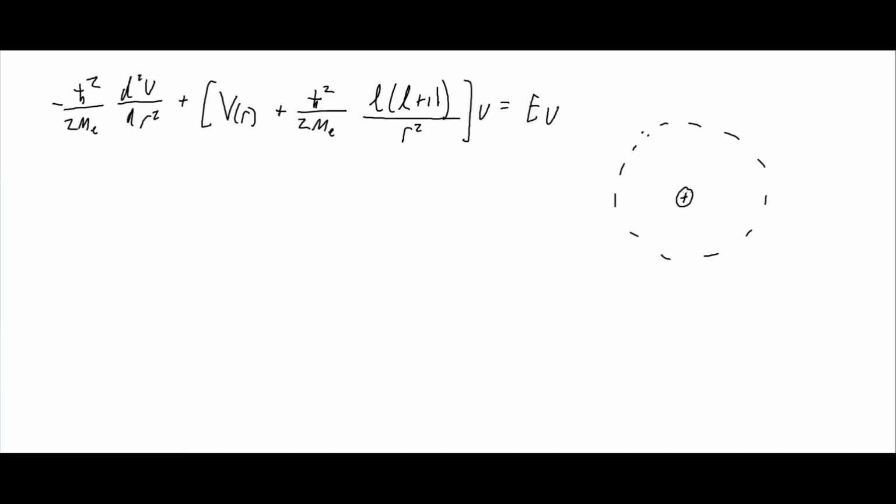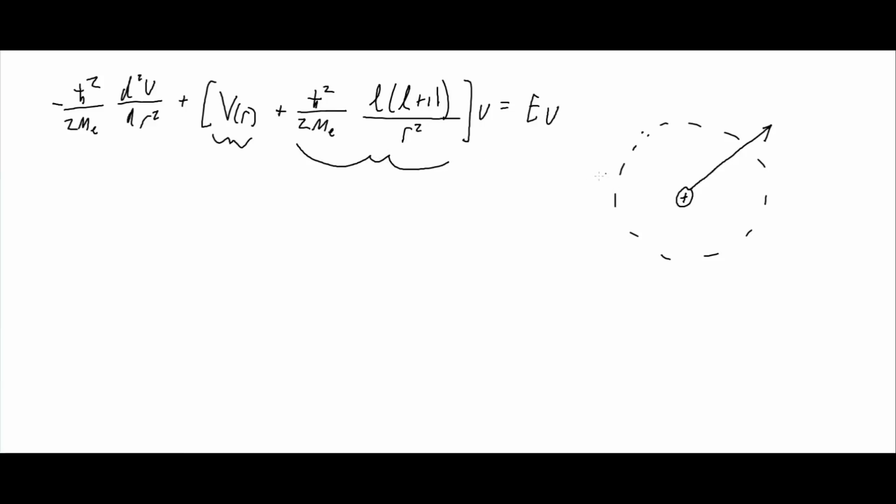Now we have a gradually decreasing potential as we go away from the nucleus, which is this proton. So we have the potential here, and we also have this same centrifugal term that we saw in the infinite spherical potential.